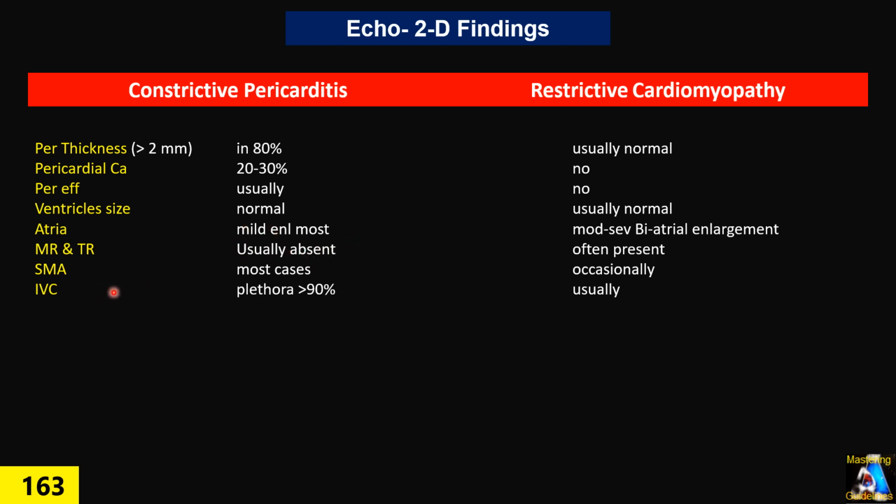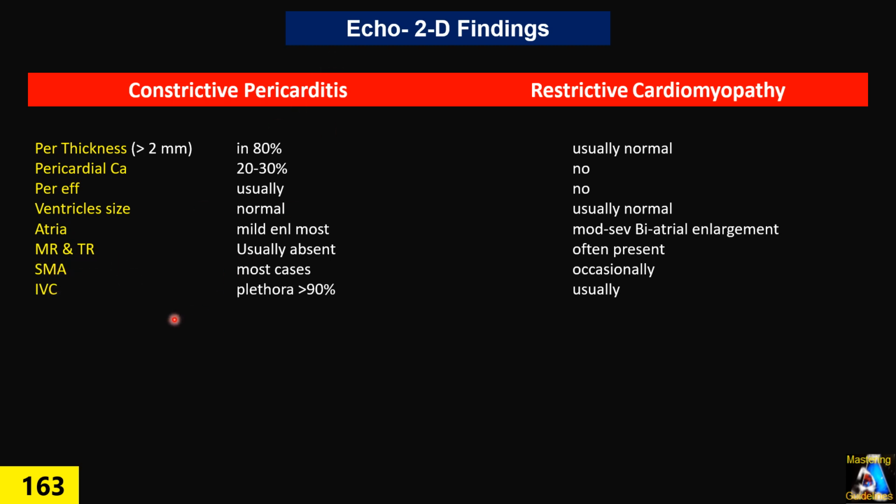Septal motion abnormality we can see in most cases of constrictive pericarditis, but in restrictive cardiomyopathy it is very uncommon. Maybe sometimes we can see that. Shortly I am going to talk about what those septal motion abnormalities are.